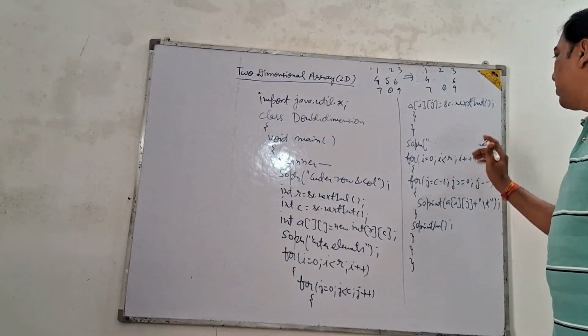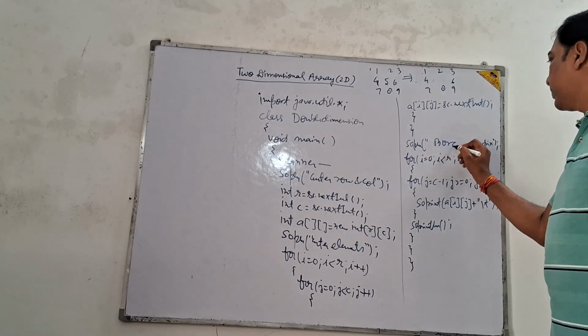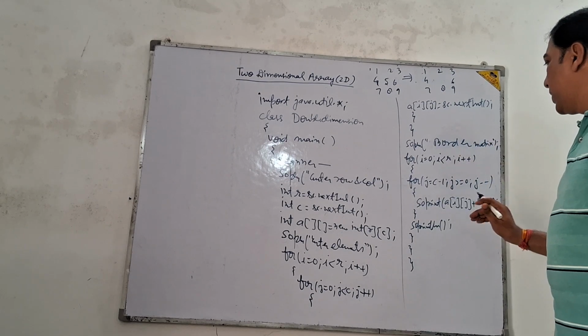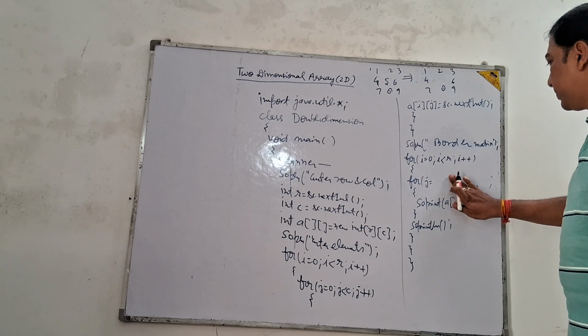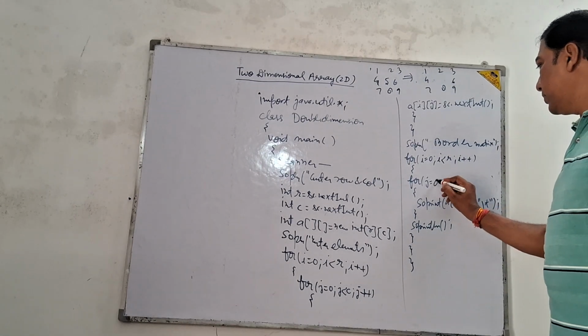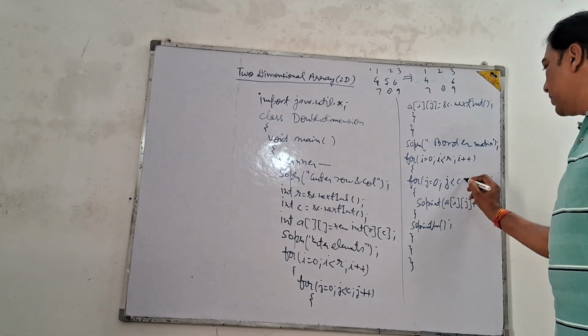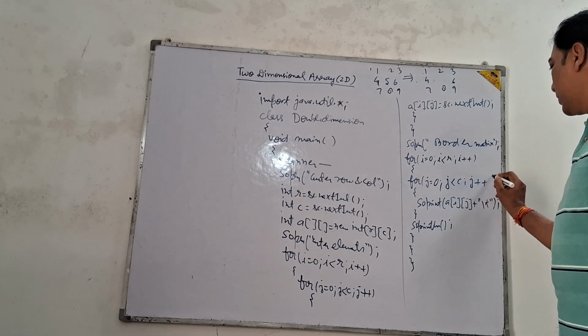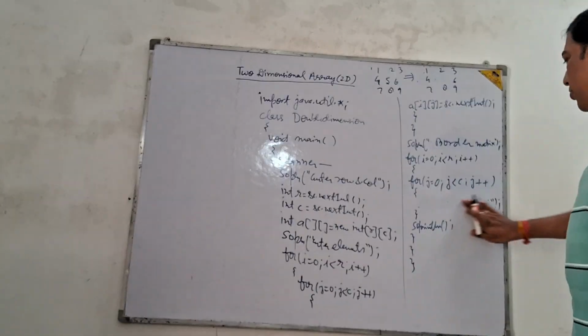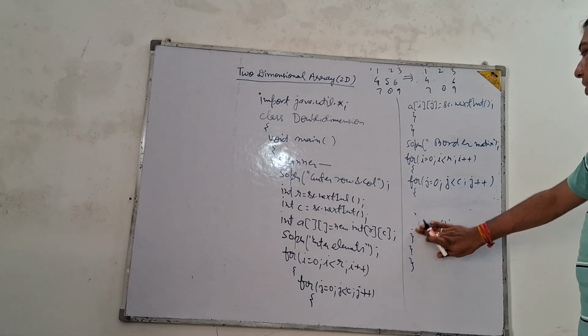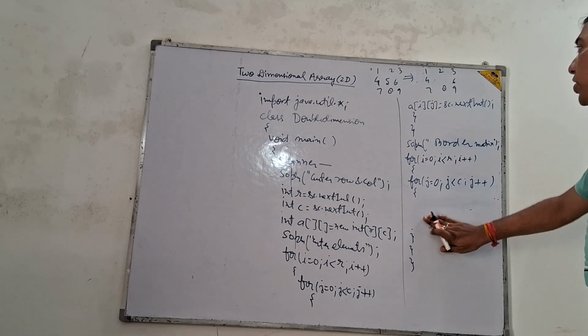So border matrix, here the loop will be 0 to less than C. Now before printing, we have to give some condition. Border element means the element which is on the top row.